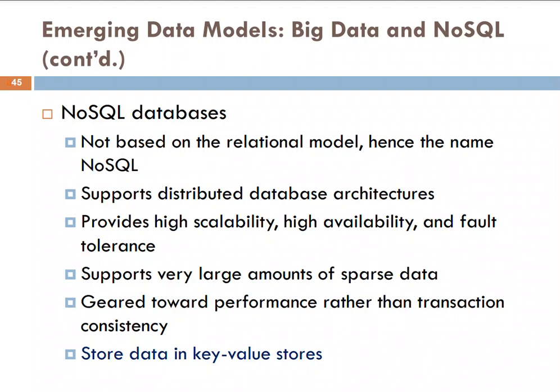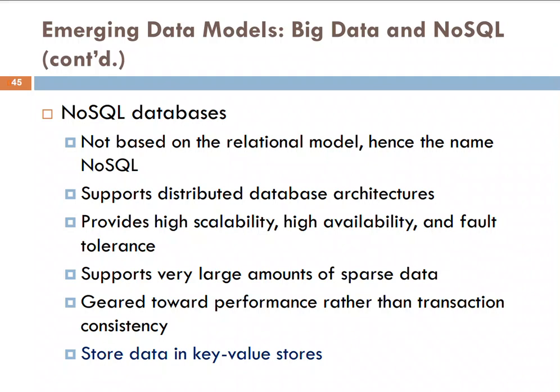Okay, so let's look at a little bit about NoSQL databases. It is not based on relational model. Sebab itulah nama dia NoSQL, sebab dia bukan based on relational model. Dia tak ada relation kat situ. It support distributed database structures, provide high scalability, high availability, and fault tolerance. Okay.